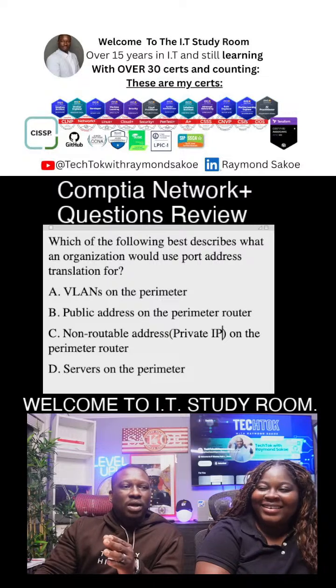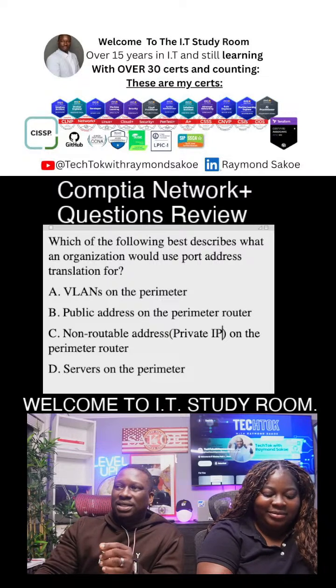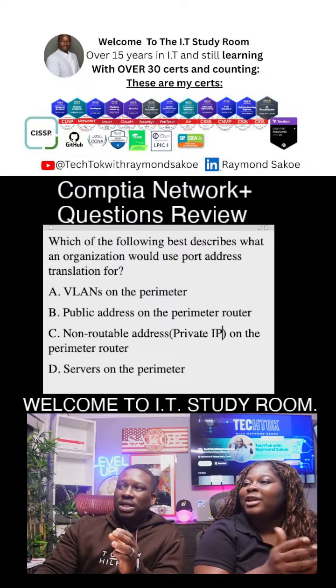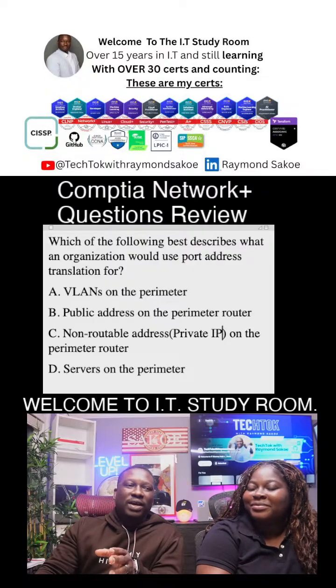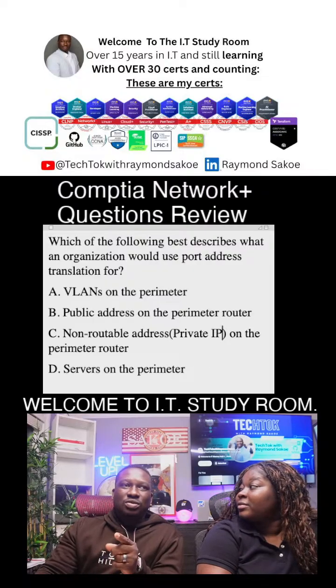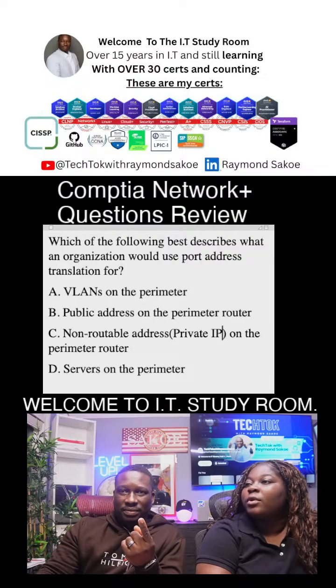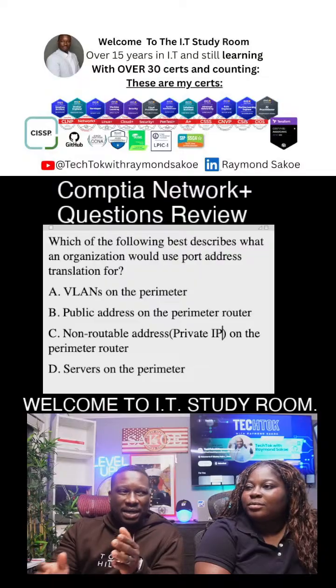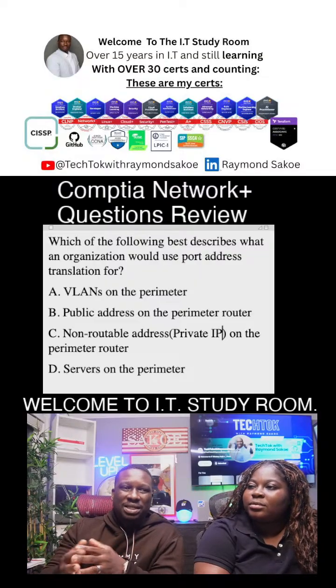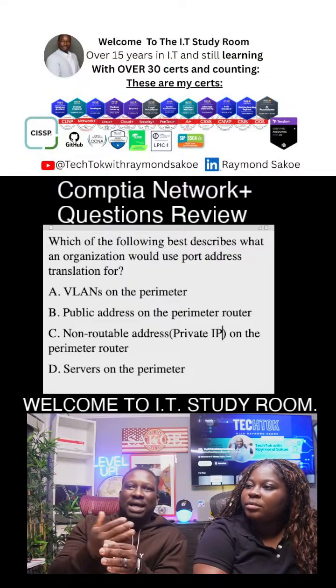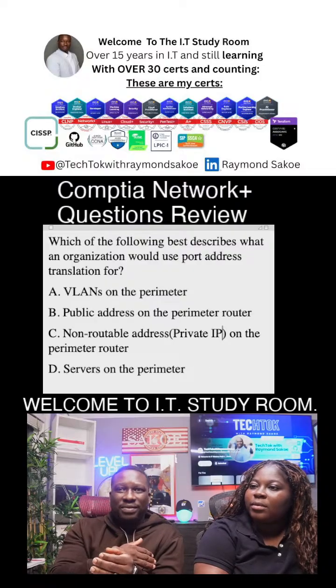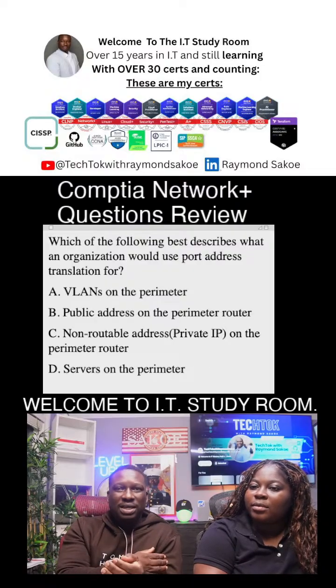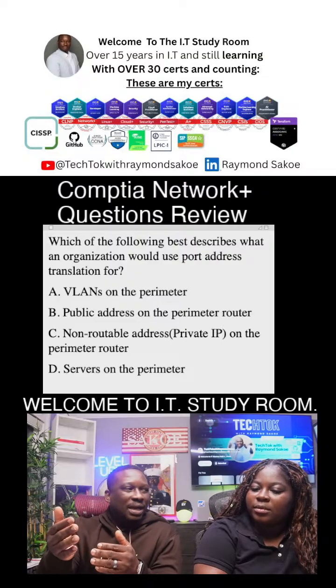So remember when you get internet, most of the time your internet service provider usually gives you one public IP. Even with companies, I mean, some companies might have a few public IPs, but the internal, non-routable or private IP addresses of devices on the network are more than the public IPs you're going to get.